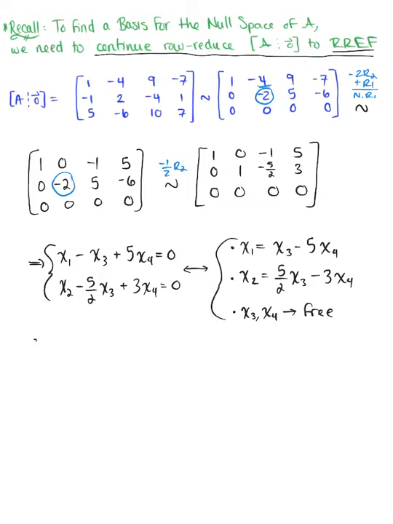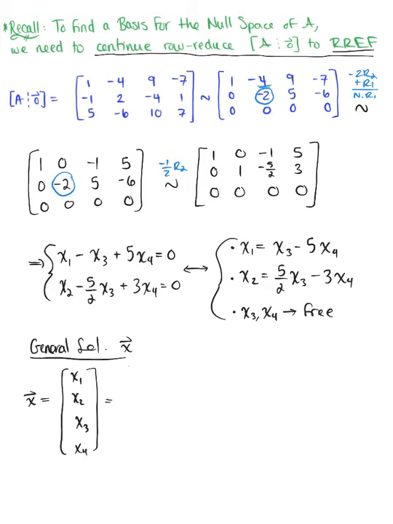So we can say, therefore, our general solution for vector x in parametric vector form is defined. We have vector x in R4, x sub 1, x sub 2, x sub 3, x sub 4. So this is equal to, we have x sub 1 is equal to x sub 3 minus 5 times x sub 4.